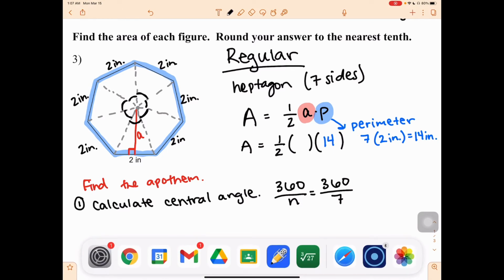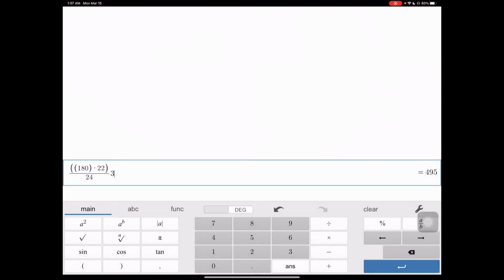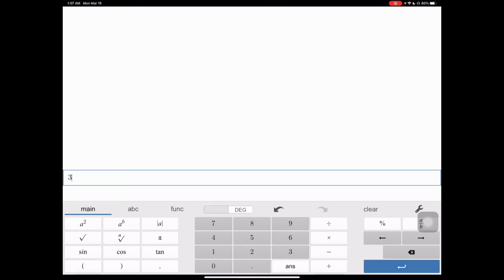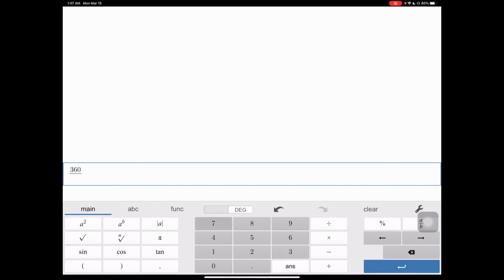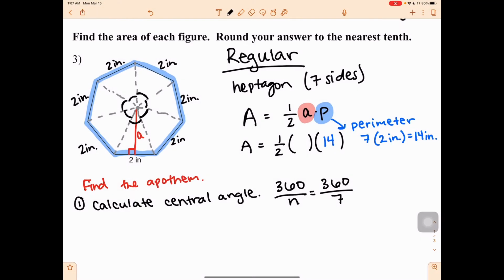So if we do 360 divided by 7, we get about 51.428. So we're going to round it to 51.4. Okay, so we're going to say this is about 51.4 degrees.